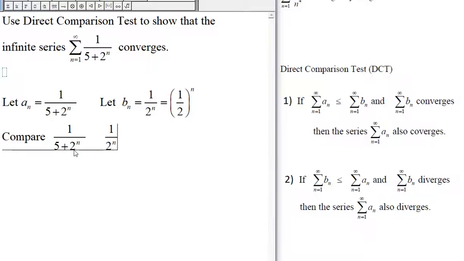One divided by 5 plus 2 to the n, we want to compare it with 1 divided by 2 to the n. The denominator 5 plus 2 to the n is larger than 2 to the n.